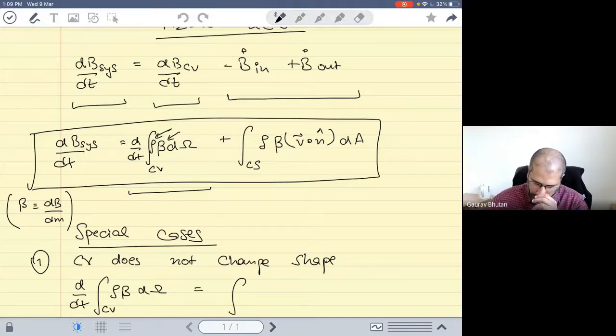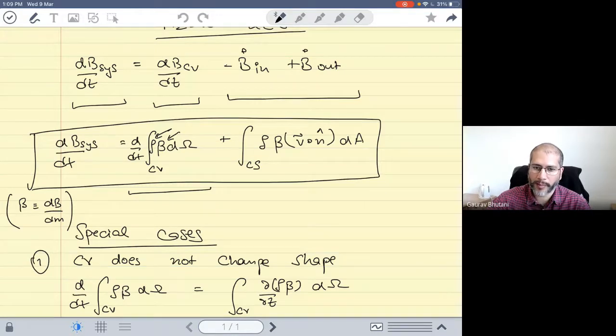So in those situations, this term that we have here, you can absorb the time derivative inside, because these infinitesimal volumes, these d omegas over which you are summing, are also fixed because the volume is not expanding. So d omegas will also have the same size. They will not change with time. So all you get is partial by partial t of rho beta times d omega.